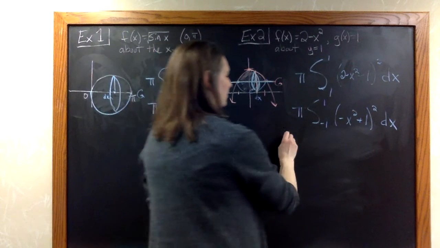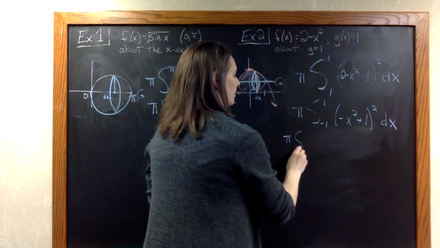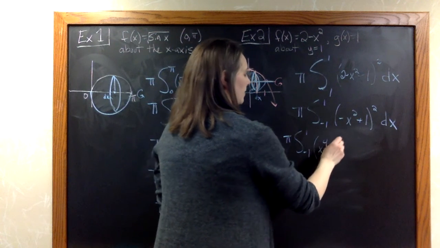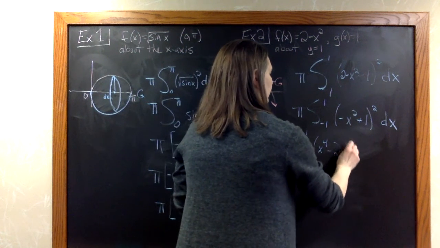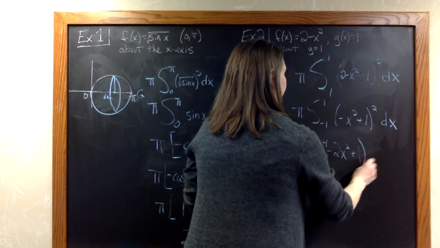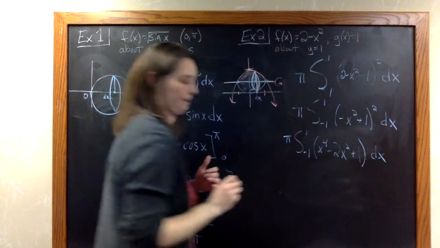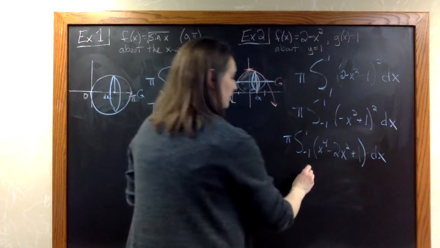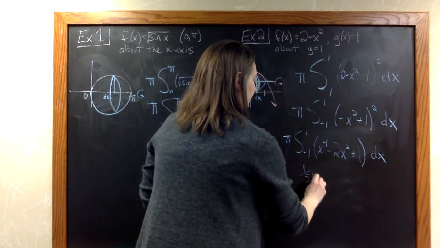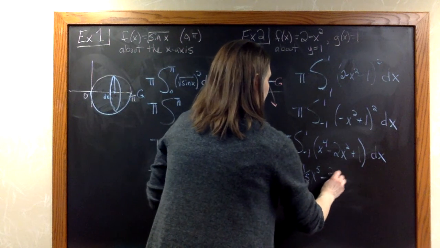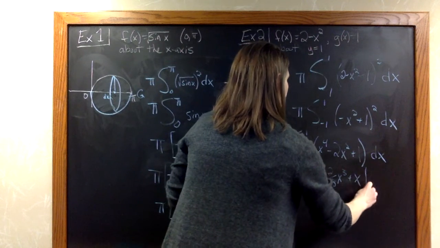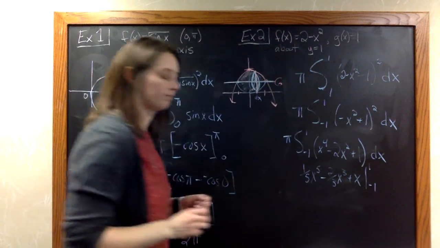I think that's going to be the best thing for us. So that's going to give us x to the 4th minus 2x squared plus 1. Yep, so far so good. Now we're going to take the antiderivative. So 1/5 x to the 5th minus 2/3 x cubed plus x from 1 to -1.